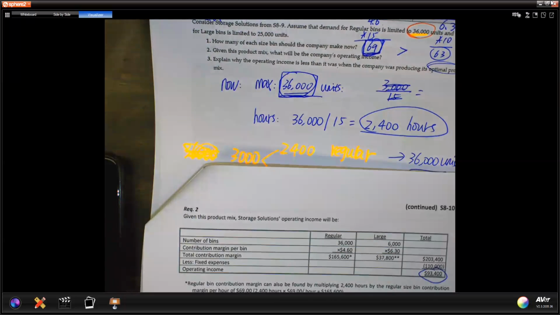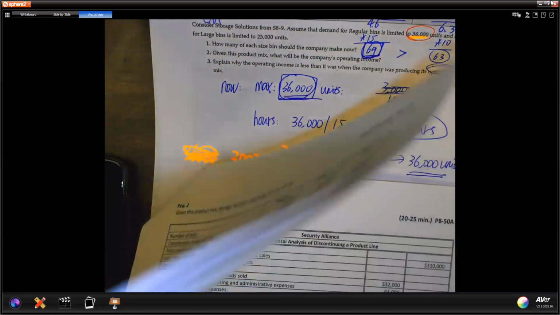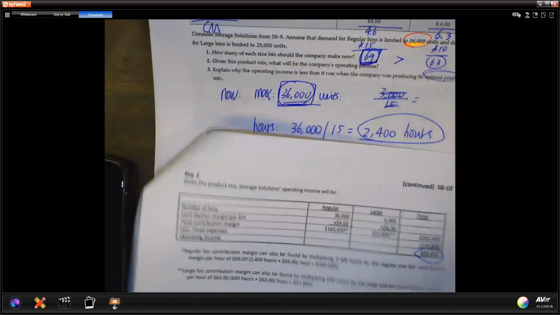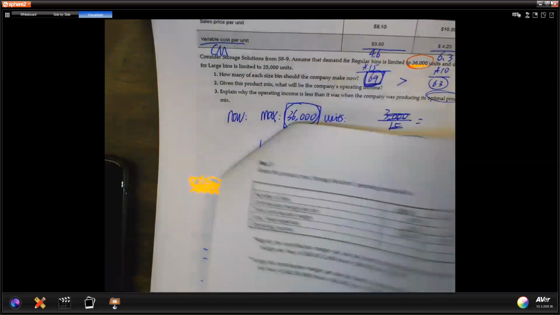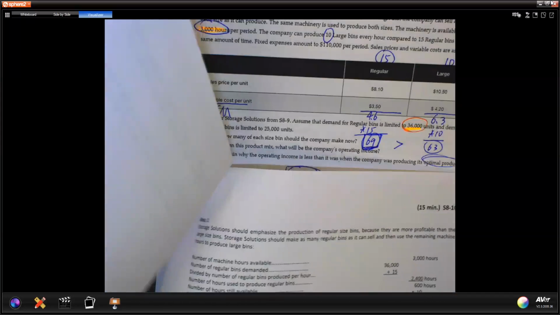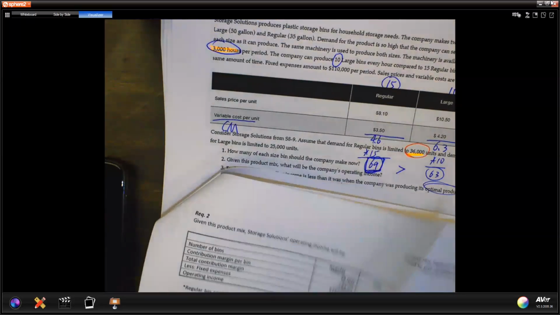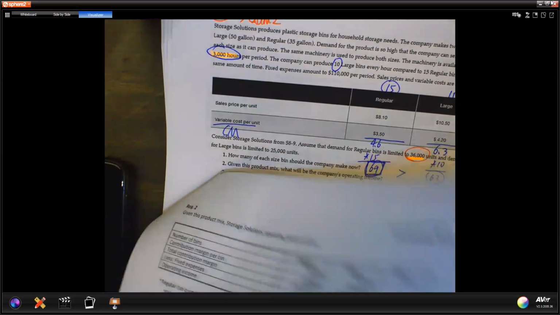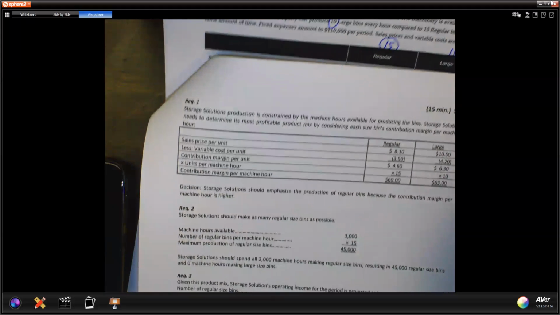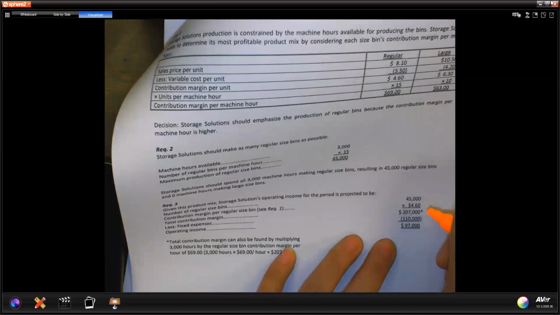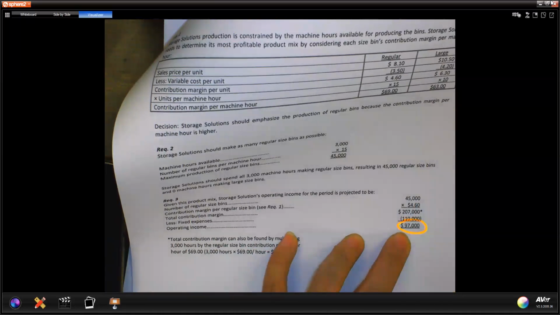But based on the first question, question 9, we are not doing it here. Your operating income, if there is no limit for the demand and you make all of your regular, you should earn 97,000.